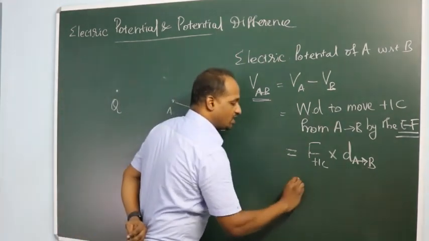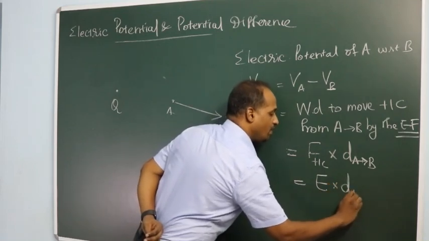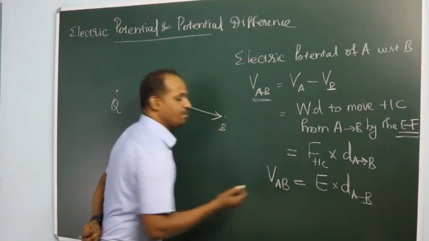Force on 1 coulomb charge is nothing but electric field, into displacement from A to B, which is called VAB.